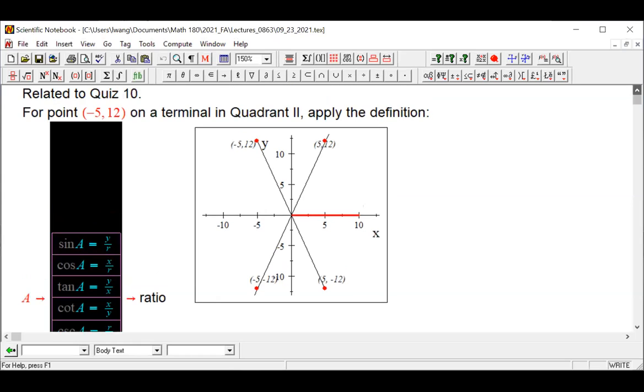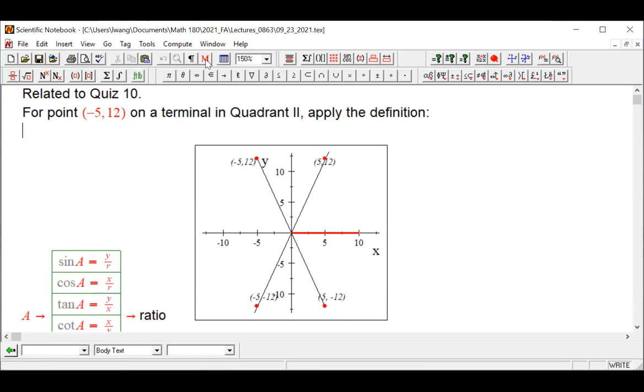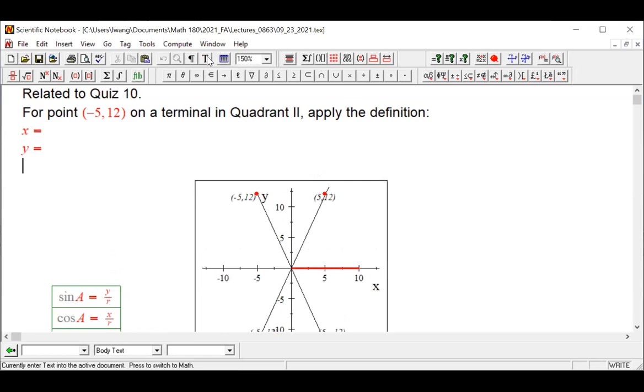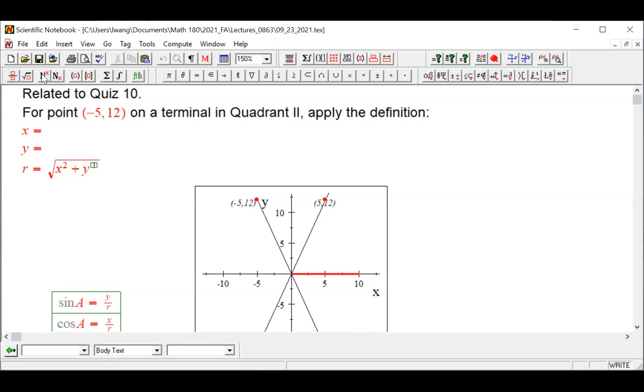If you stay with me, we're going to work on this point. We're going to identify X equals something, Y equals something, and R equals something. R is X squared plus Y squared, and then take the square root. If any one of you wants to go to Farouz, go to that room.